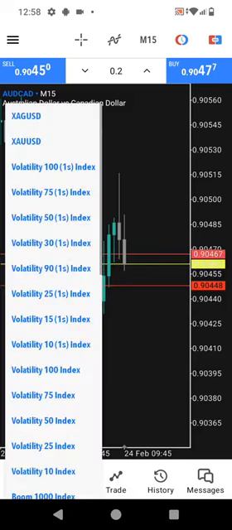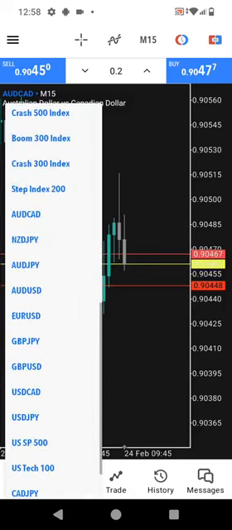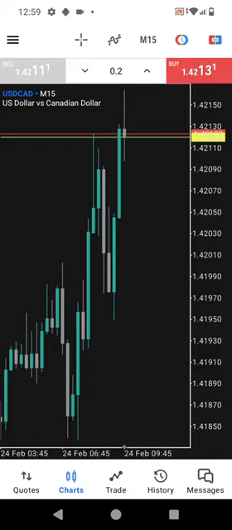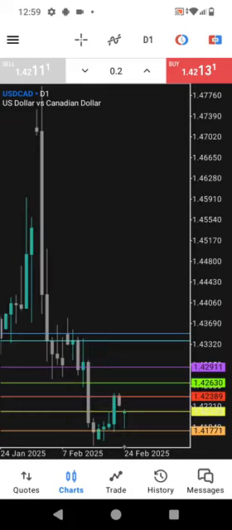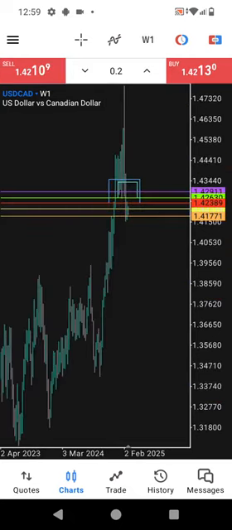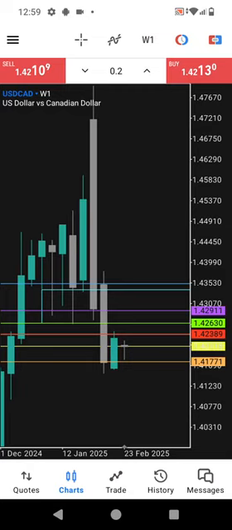Nothing much. Nothing is attracting me on this asset. USD card. First, remove these levels here.